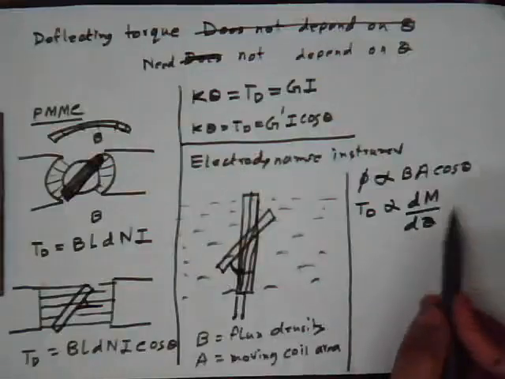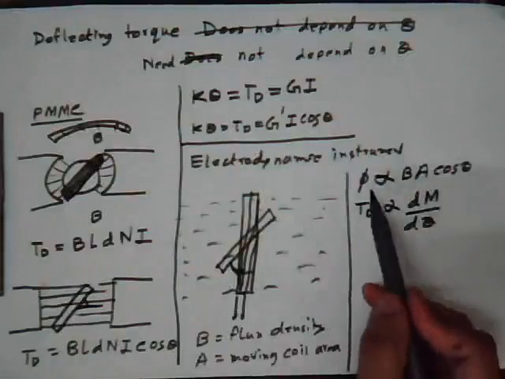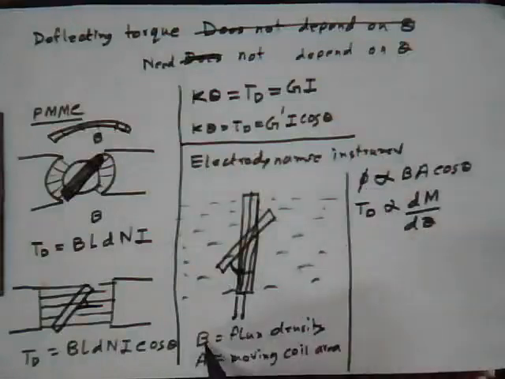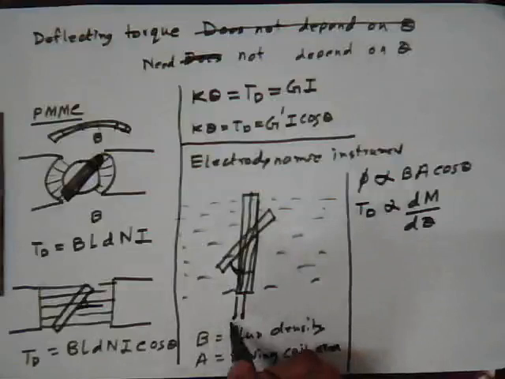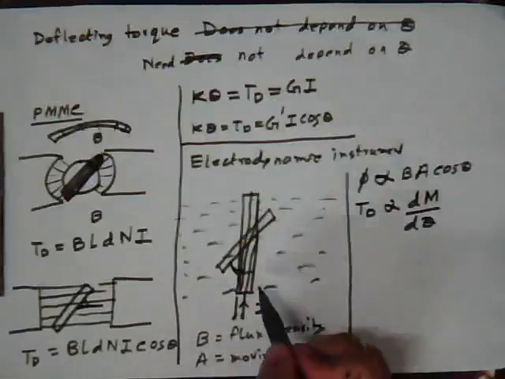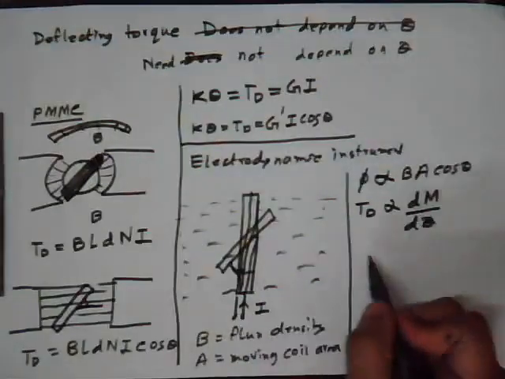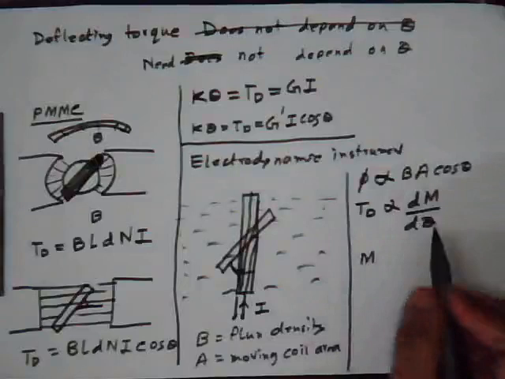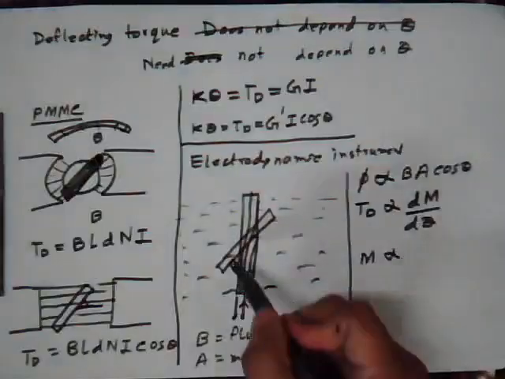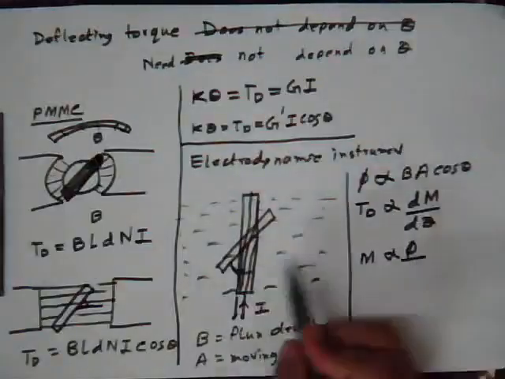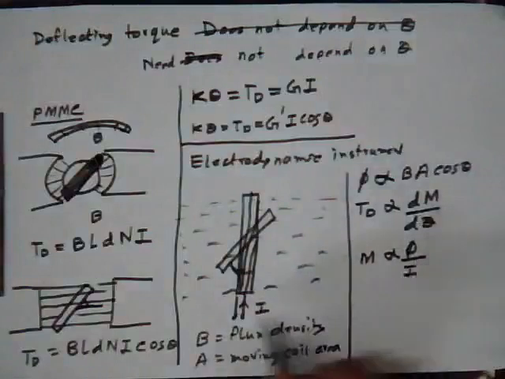Now, we saw that for a given flux, say this B flux is generated by a current of I in the field coil. So that means in this case M is proportional to the flux linkage φ divided by the current in the other coil.